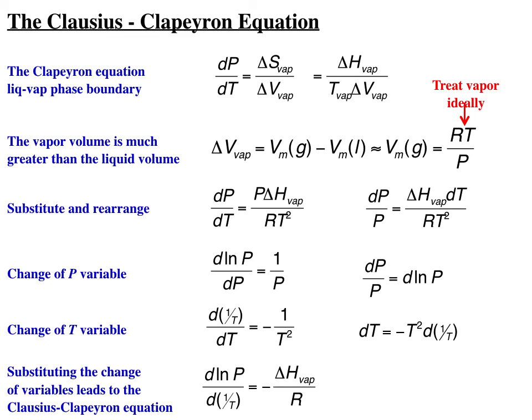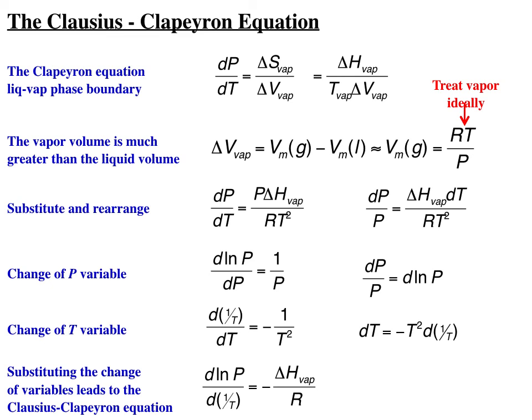Okay, so far the top line is truly completely general. No approximations have been introduced into the Clapeyron equation at all. But now Clausius said we can do the following things to Clapeyron's equation.